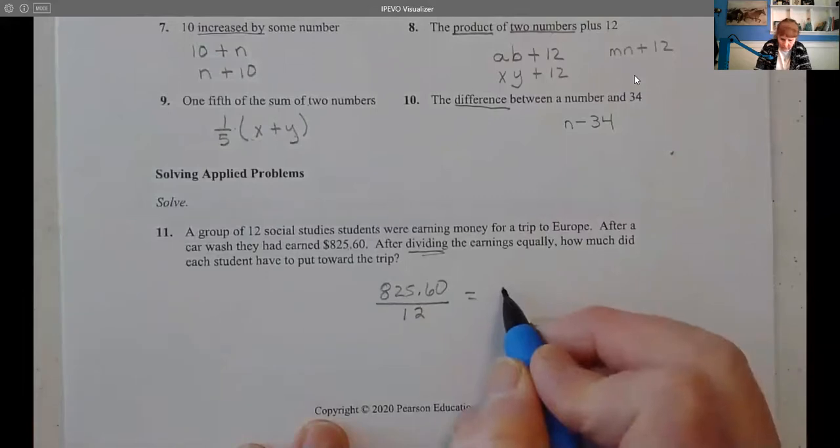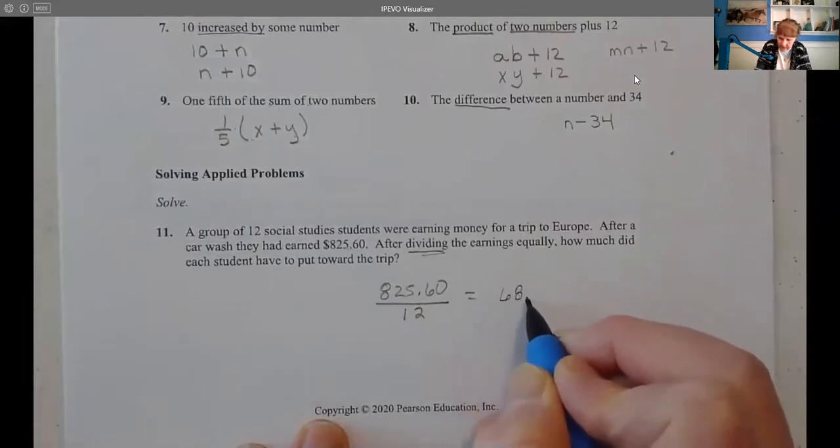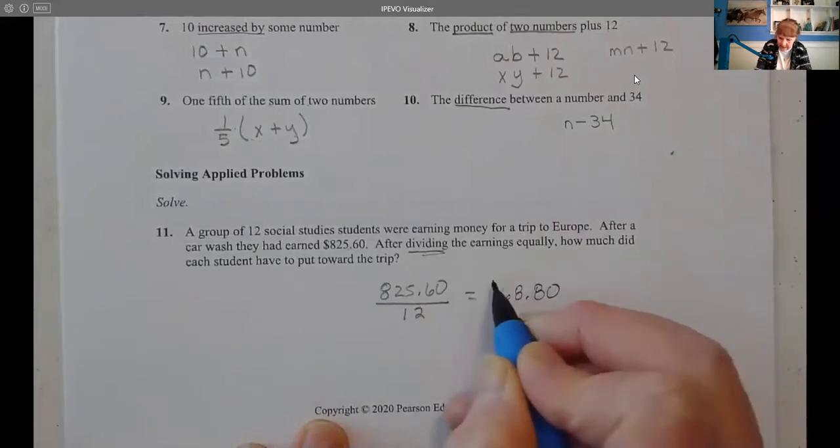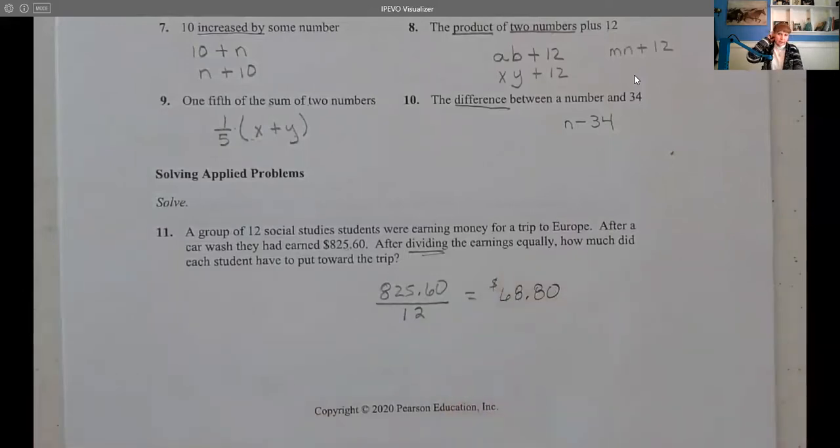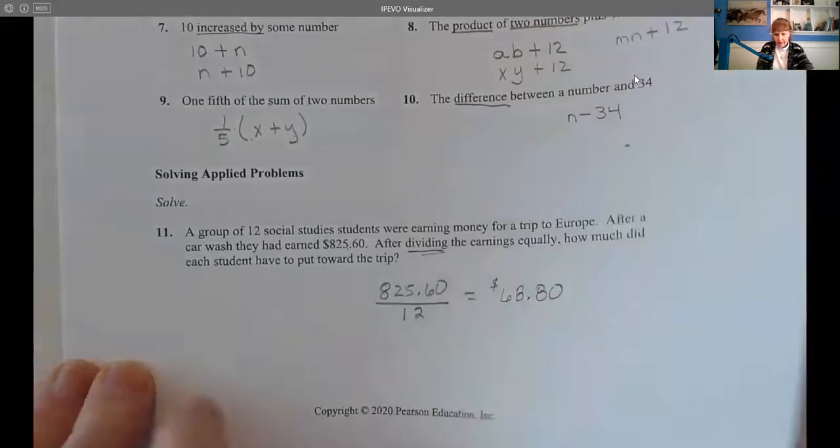Each student is going to get $68.80. When we're dealing with money, we round off to the nearest hundredth, the penny. It says 0.8 on the calculator, but make sure you put 80 cents. So $68.80 is what each one would get towards their trip.